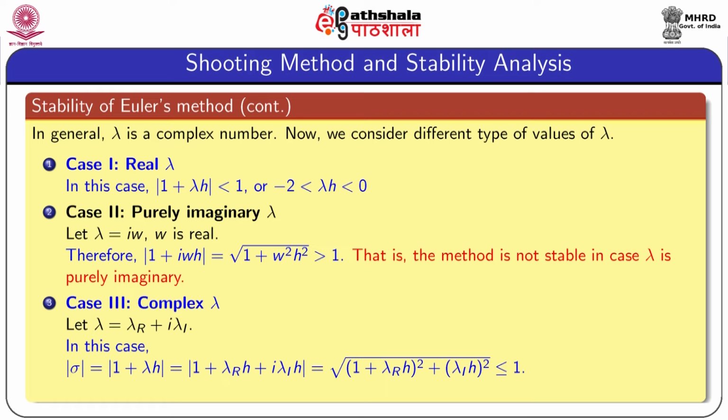It can be less than or equal to 1 for suitable values of lambda_r h and lambda_i h. That is, lambda h lies inside the unit circle. That means if the values of lambda h lie within the unit circle, then this method gives a stable solution.